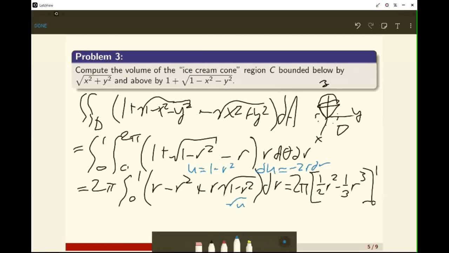To see that what we've got here is a square root of u times minus 1/2 du is going to be integrated, and then when we plug in the bounds, we plug in 0, we get a 1, and if we plug in a 1 for r, we get a 0.